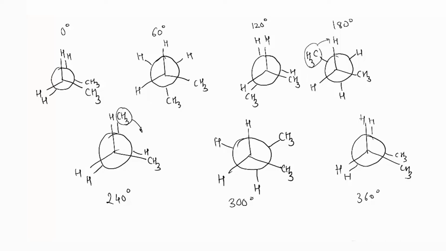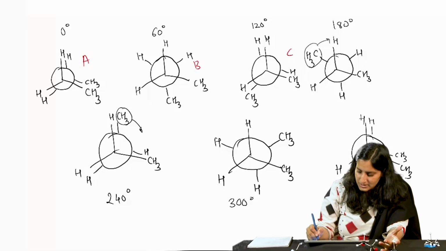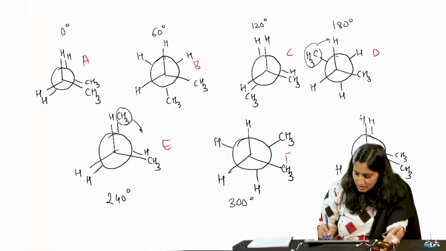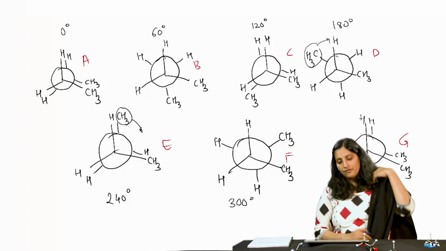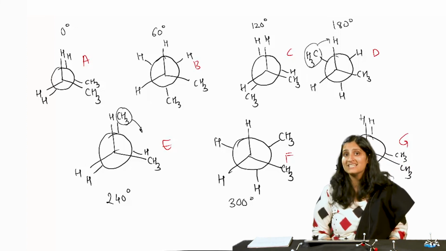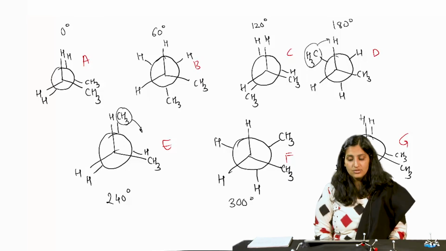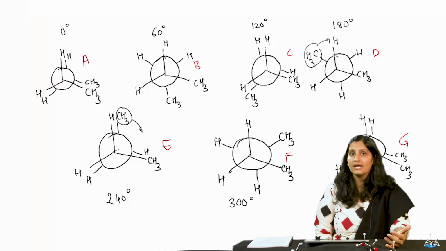Okay. Now, let us try to analyze the energies of these molecules. As we know, every eclipsed conformation will have a higher energy because of the torsional strain present in the molecule. So, I am going to circle my eclipsed conformations. First, let us label them so that it is easier for us to identify. I am going to label them as A, B, C, D, E, F, G. Now, if I have to figure out which is the highest energy conformation, I would say that eclipsed conformations are the highest energy.